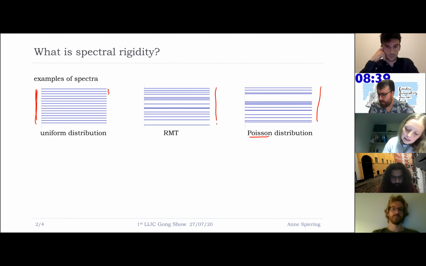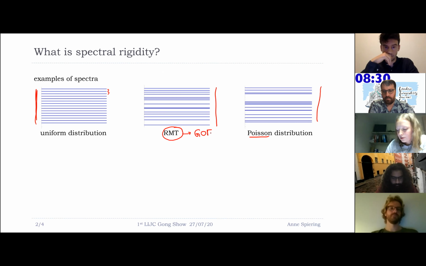And then in the middle, I have a spectrum that is related to random matrix theory, in particular to Gaussian orthogonal ensembles. So this is what you get when you diagonalize a real symmetric random matrix.